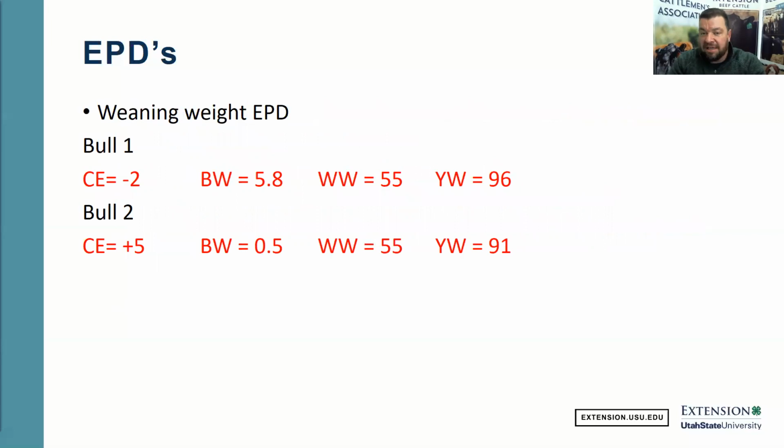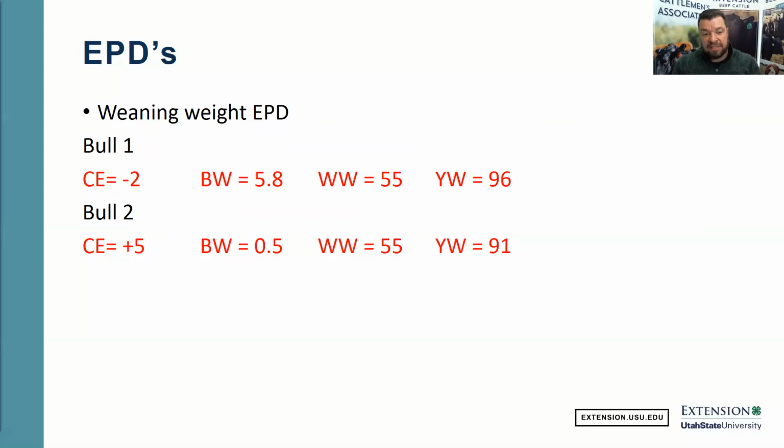One of the things I like about putting up this particular slide is if you look at bull 1 and bull 2, remember EPDs are expressed in units of the trait, so we're looking at pounds here. For birth weight, bull 1 is supposed to be almost 6 pounds heavier than the breed average. Bull 2 is only a half pound, so there's about a 5.5 pound difference in what these calves are supposed to be at birth.